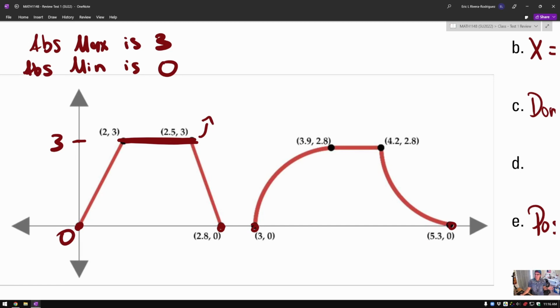And we are seeing that this part here is a constant behavior of the graph. So the value here of the function is 2.8. It is not absolute because it's not higher than this region here.